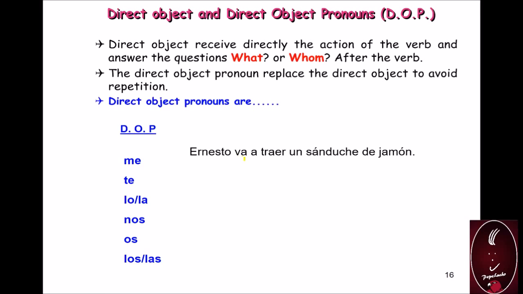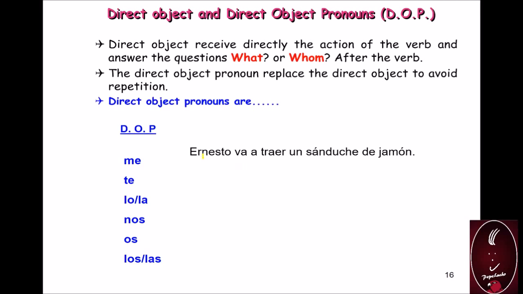I have a conjugated verb, va, and I have an infinitive form of the verb, traer. So I have two options here. One before the conjugated verb, and the other one I can attach at the end of the infinitive form of the verb. First, let's find what is my direct object in the sentence.